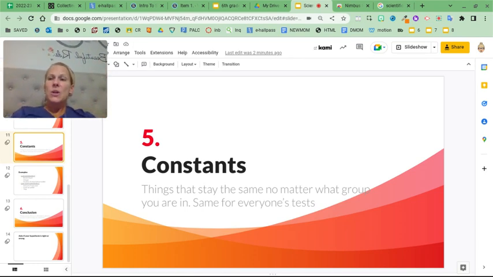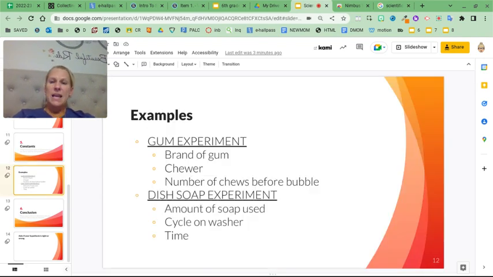So these things are called constants. In our examples, for the gum example, the brand of gum, the person chewing, the number of chews before the bubble, all of those things except pieces would have to stay constant.